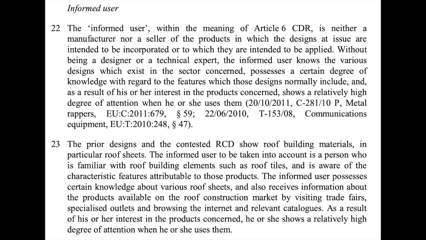Let's go to the reasons and to the informed user. That would be point 21. You always have points in the decision; each paragraph corresponds to 1 point. And point 22 is about the informed user.